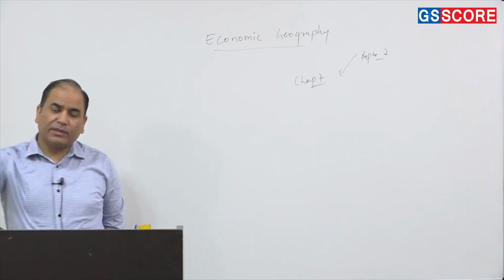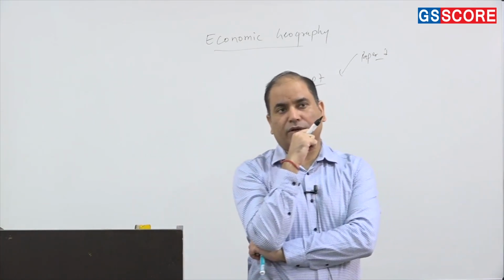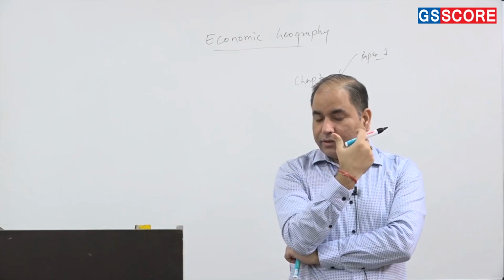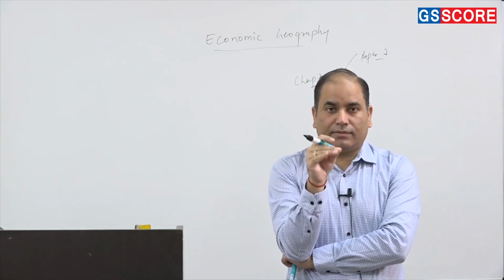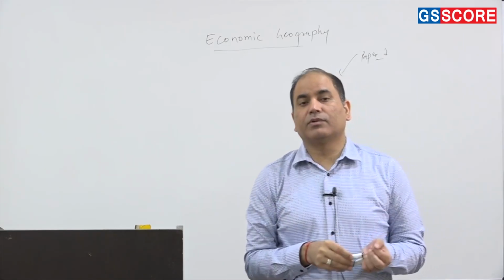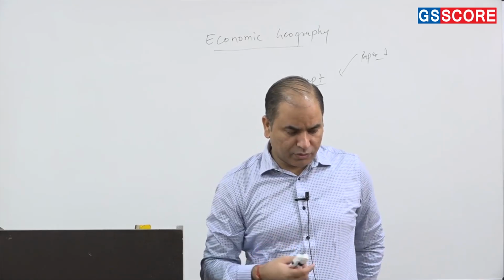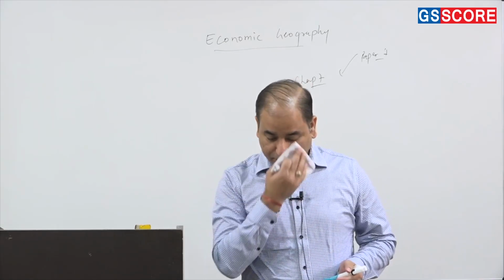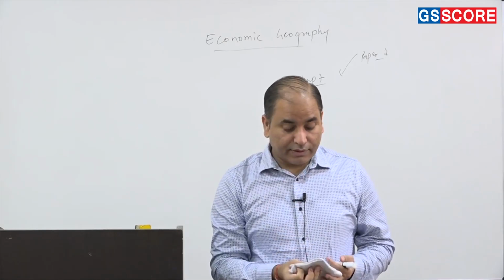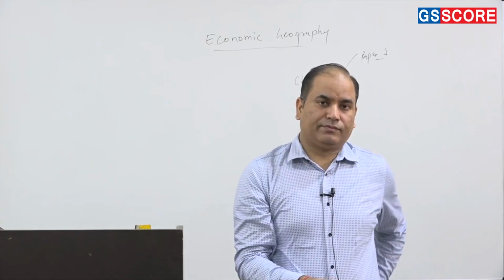There are some topics given in chapter 7 related to economic geography, but don't just try to read the topics, because what approach do the students generally follow? The approach the students follow is to just go through the topics that are written in the chapter, relying on that the question will be asked on the same topic.